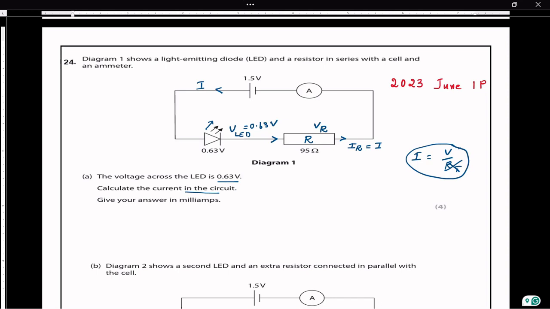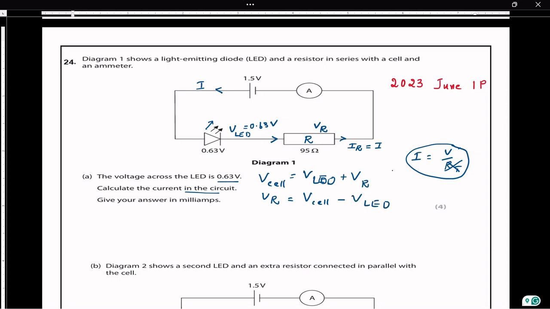Since these two are connected in series, we can say voltage of the cell is voltage of the LED plus voltage of the resistor. From this we can write the voltage of the resistor is voltage of the cell minus the voltage of the LED.